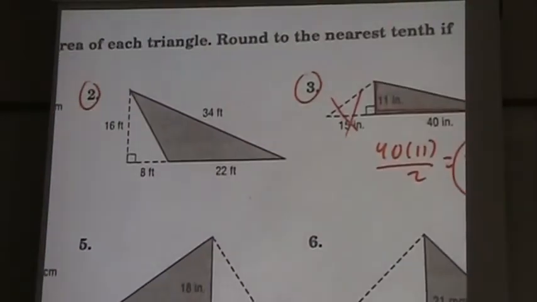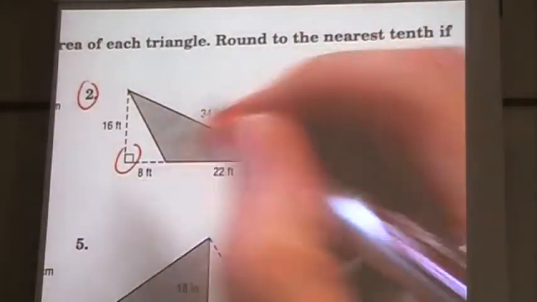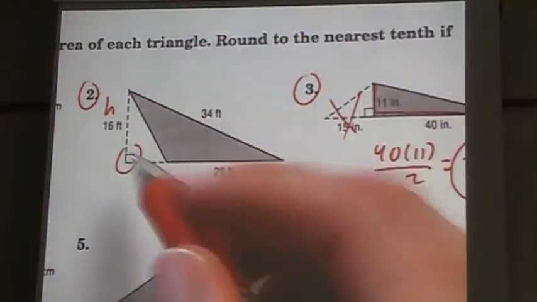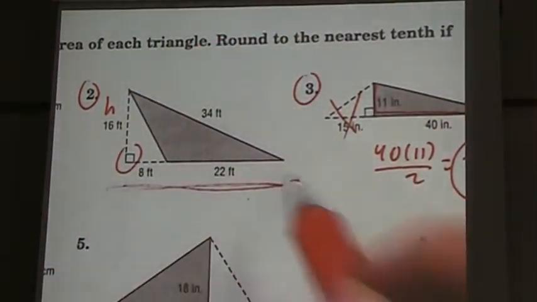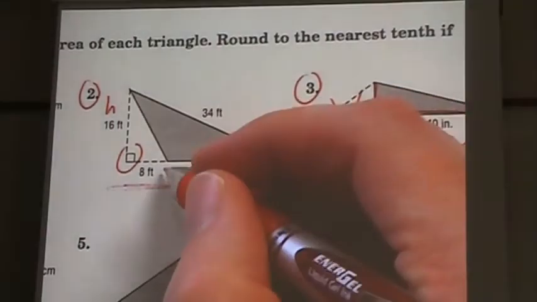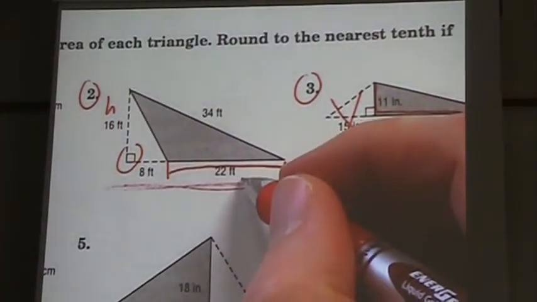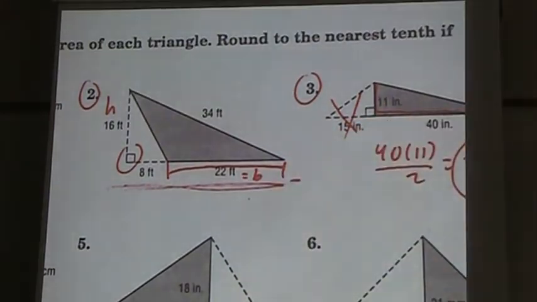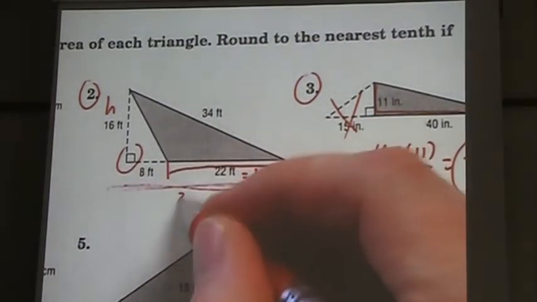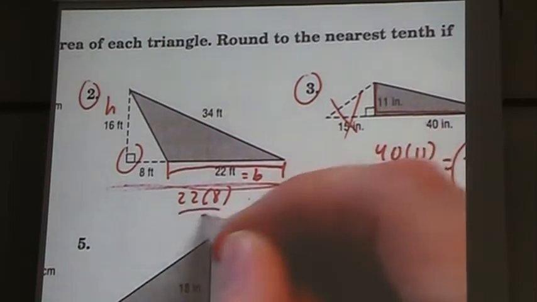Or another one like this guy here, number 2. We have our height next to a 90, so this is our height. Now you might think, oh, base, I'm going to add these two guys together. No. The triangle ends right here. So we're only going to use 22 as our base. Okay? Base times height. So 22 times 8, then divide by 2.